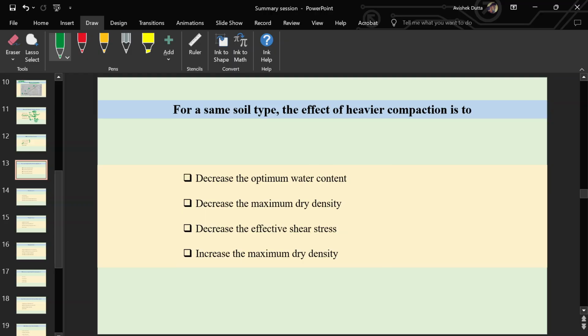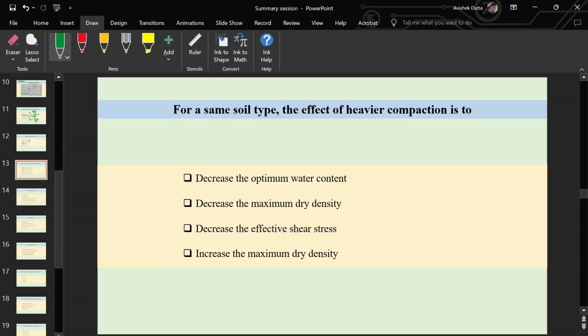Left side up. So here we have one value of dry density and OMC. What do we have here on increasing the compactive energy? We have a lower value of optimum moisture content and a higher value of maximum dry density. If we say this is gamma D2 and this is gamma D1, gamma D2 will be more than gamma D1.